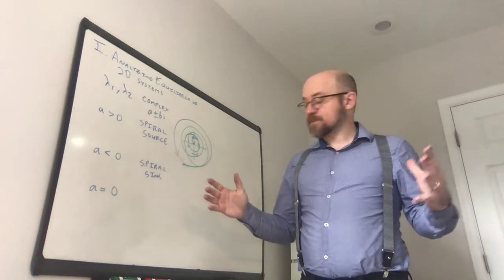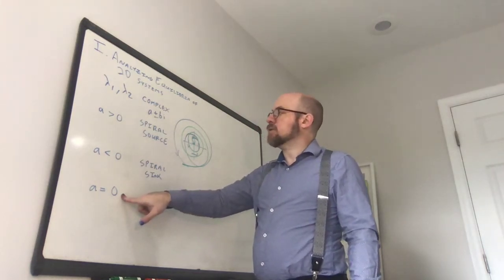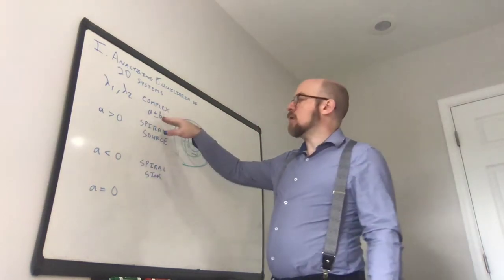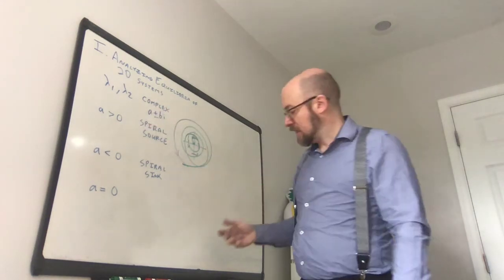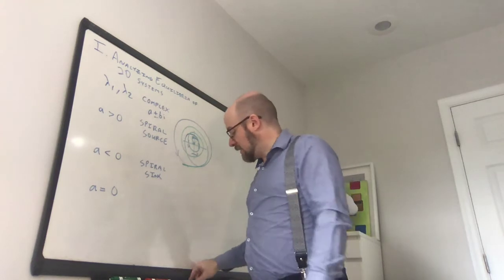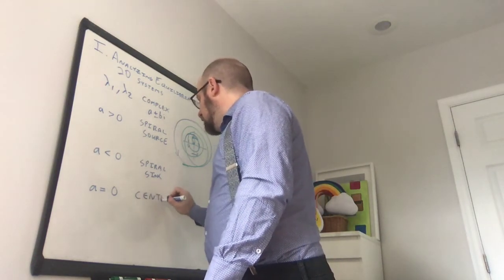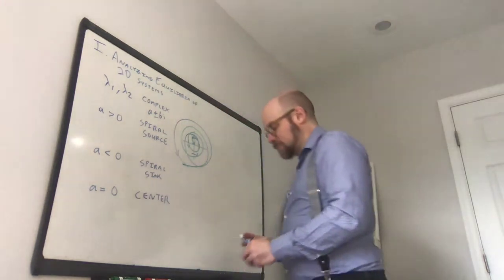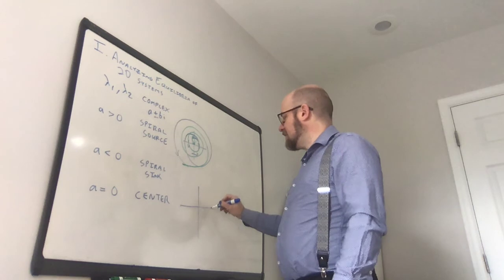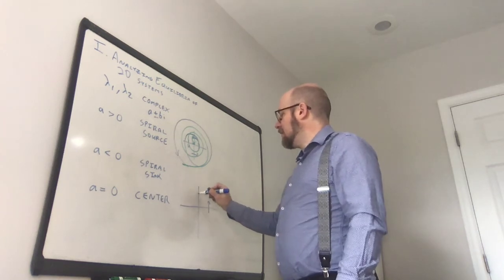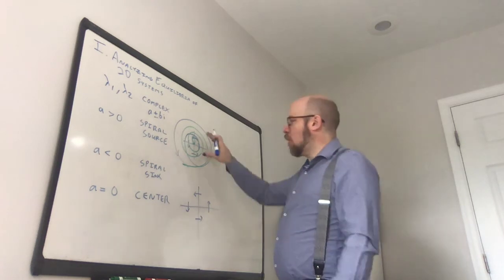And so knowing the eigenvalues tells you in advance whether you can expect to decay to that equilibrium or go away from it. Okay? The last one of these, where a is equal to 0, so this is when our eigenvalues are pure imaginary. So if a is equal to 0, we've just got plus or minus bi. This is actually interesting because we get what's called a center. Okay? Nullclines will look very similar to what they did in all of these cases.